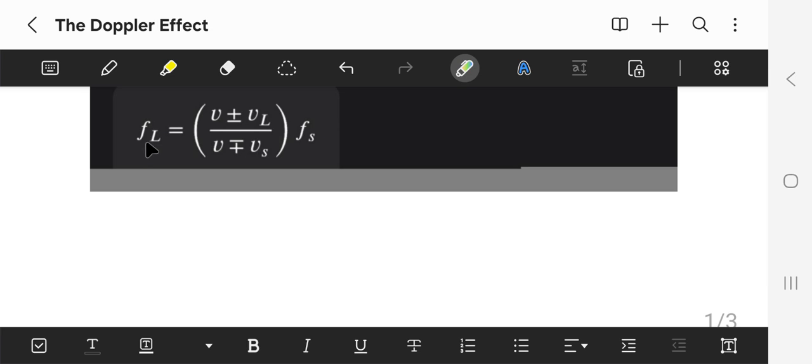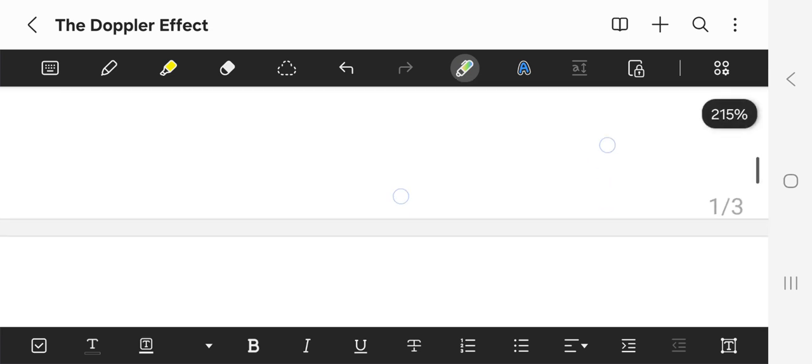It means it's what the listener is hearing. Okay, and then this V will be our speed of sound. VL will be the velocity of the listener or the speed of the listener. Vs will be the velocity or speed of the source, and Fs will be the frequency of the source.